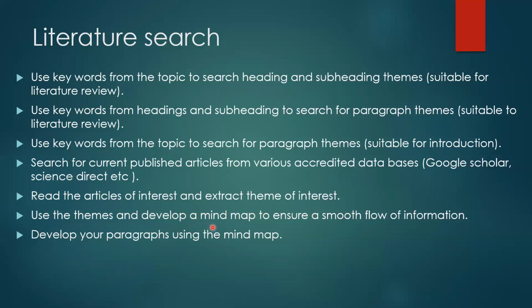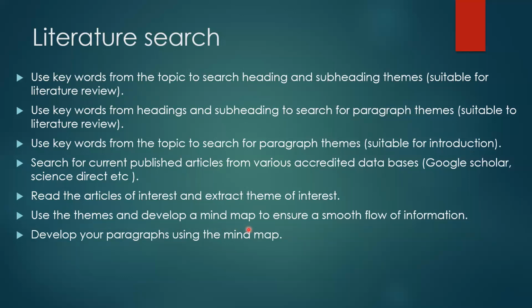You use the themes and develop a mind map. The concept of a mind map is a very good tool that everyone must use when you are writing up. Okay, you have a topic, you can mind map the headings that you want to use. That is for a literature review. You mind map the headings, then you pick each heading and do a further literature search and make a mind map of the central ideas that you would like to develop into paragraphs.